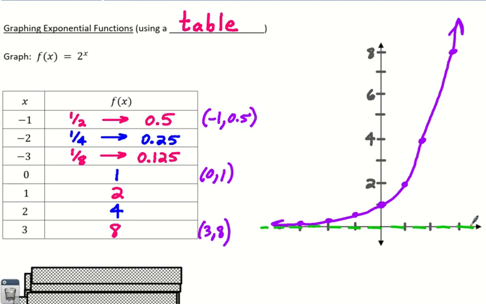Well, what we have here is a horizontal asymptote, kind of like that force field wall that your graph can never quite get to, even though it gets closer and closer to it. So you want to get in the habit of including that on your graph, like this dashed line representing your asymptote. And so that's what an exponential function graph looks like.